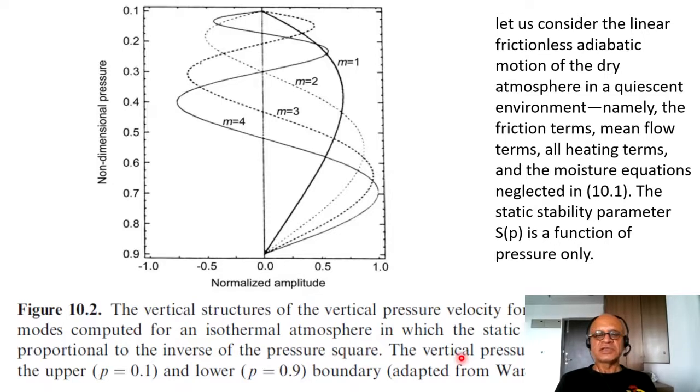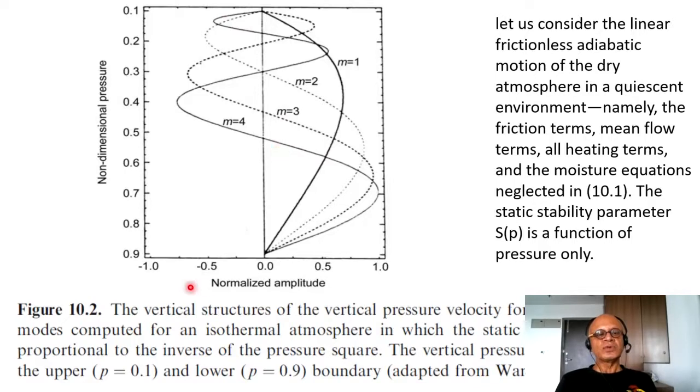Vertical pressure velocity vanishes at the upper and lower boundaries for all the modes, and the gravest baroclinic mode here has maximum velocity in the middle, and you have the other modes having multiple zero crossings in the atmosphere.